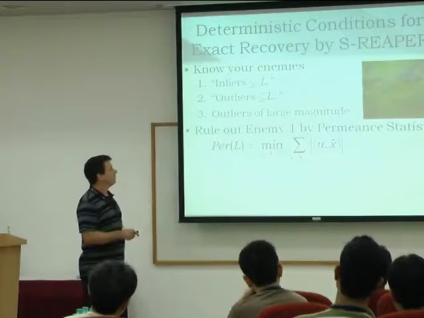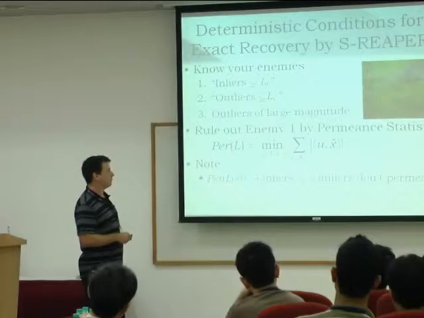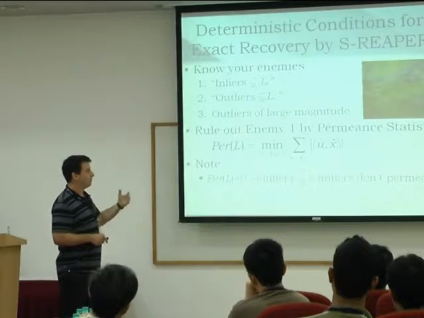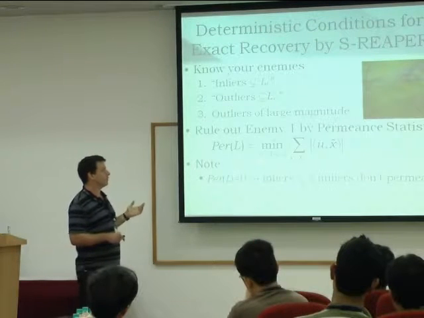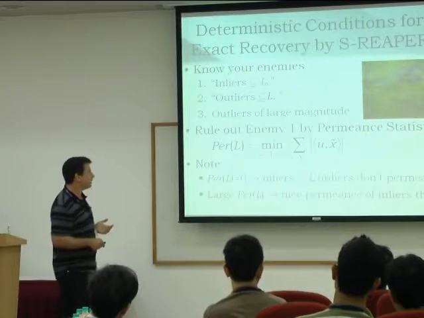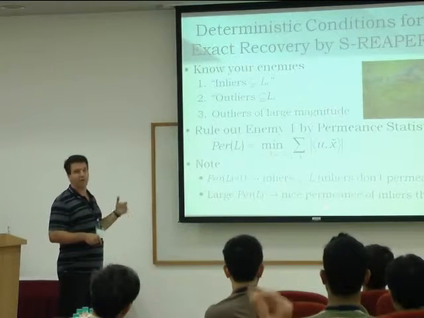So this is when I have really enemy 1, and I can get permeance equal to 0: all the inliers are contained in a subspace contained in L star. I call it permeance because inliers don't permeate L. If the permeance is large, we really have a nice distribution of the inliers throughout all of L, so they permeate L.